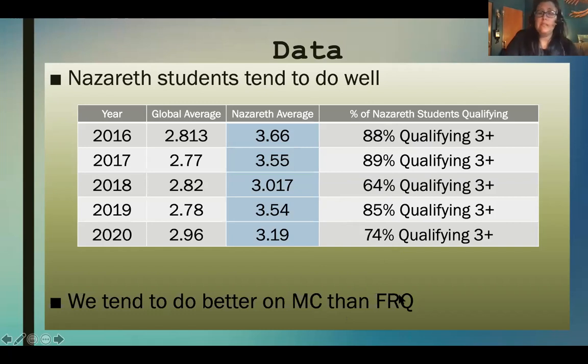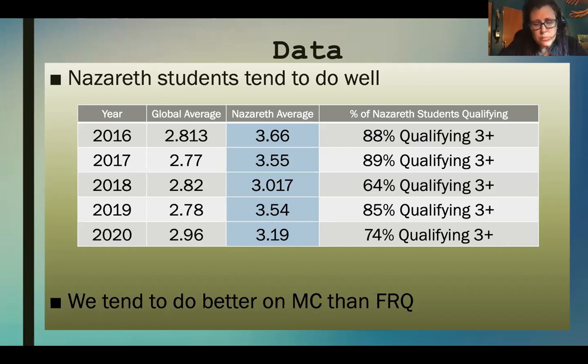One thing I will say is we as a school tend to do better on multiple choice than the essays, which is surprising to a lot of people. But it's true, and I think that's one of the reasons we weren't quite as far from the average last year, because we did not have a multiple choice section, and that is an opportunity that my students really shine on.